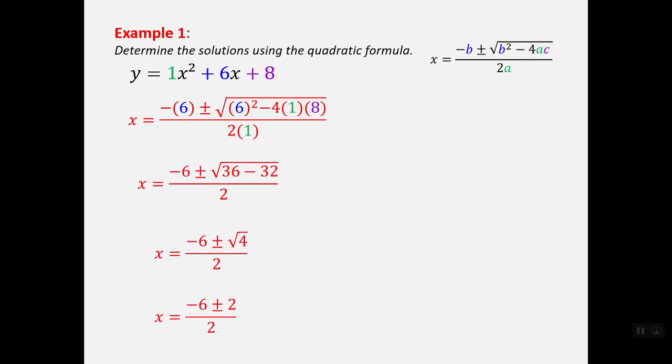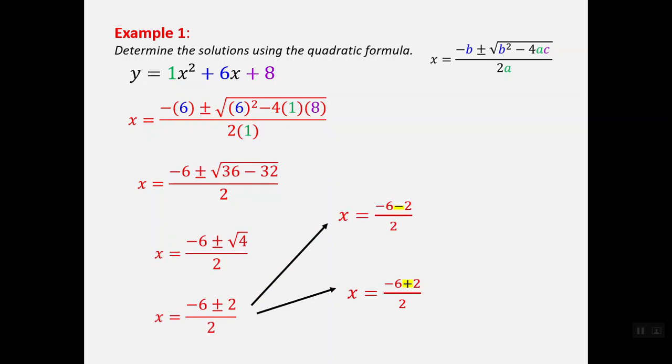So now we've got the 2 values in the numerator, separated by plus and minus, and the 1 value in the denominator. So we're ready now to split it up into the plus version and the minus version. So I'm first going to rewrite it negative 6 minus 2 over 2. And then I'm going to rewrite another version, negative 6 plus 2 over 2.